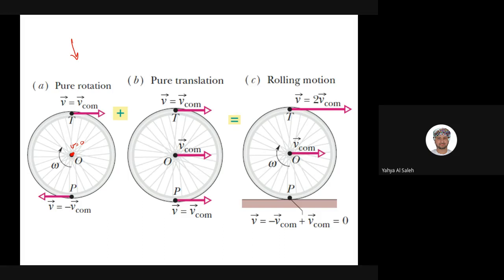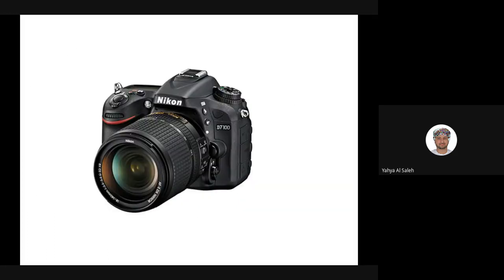Do we have any photography fans here? People who like to photograph things? If you're into photography, you know how to use a camera, and you know you can play around with the shutter time, as low as 1 over 64,000, 1 over 12,800.